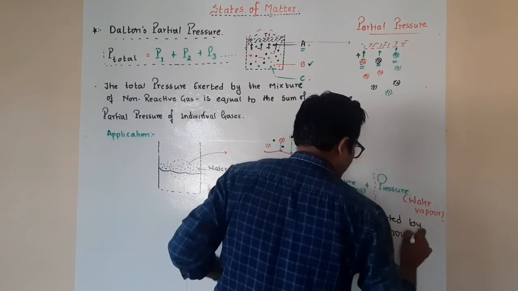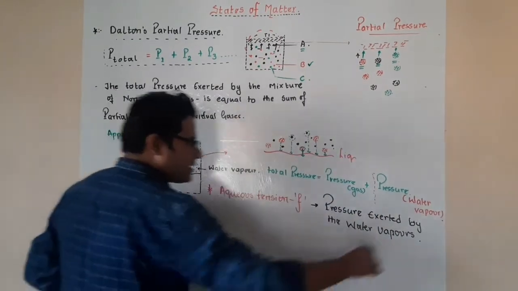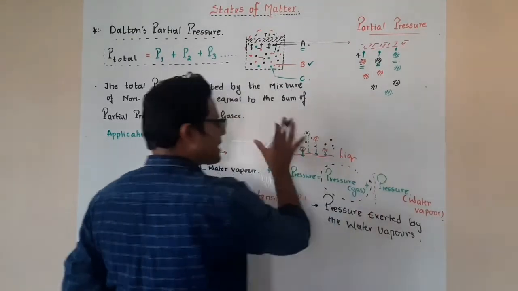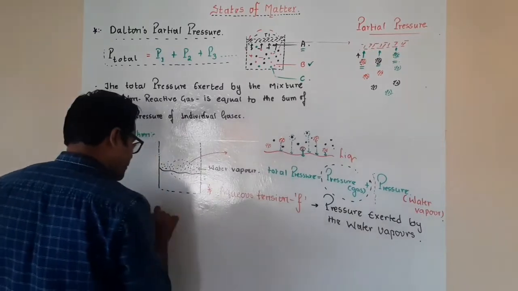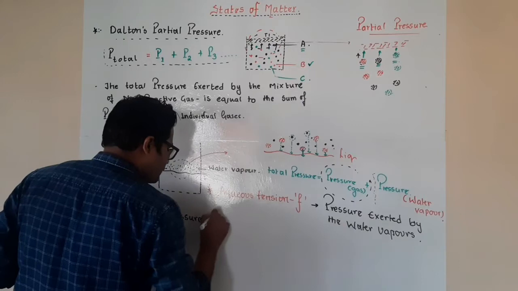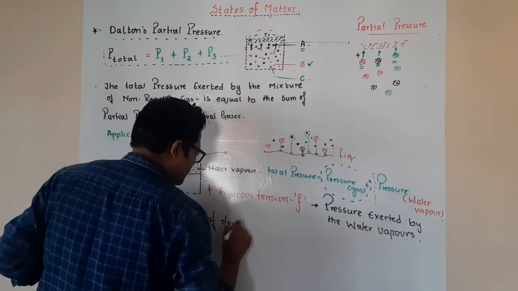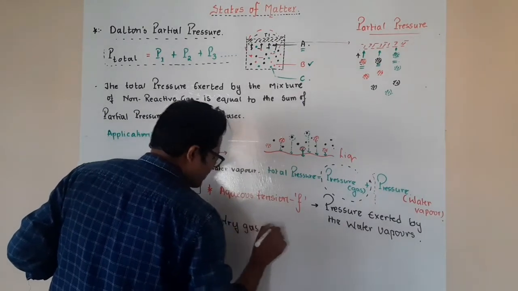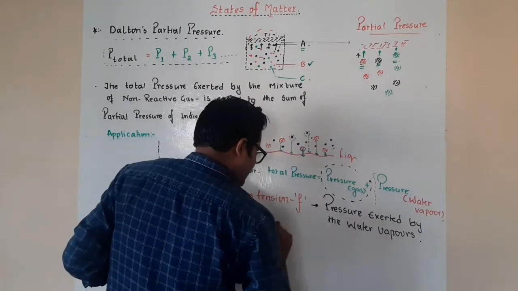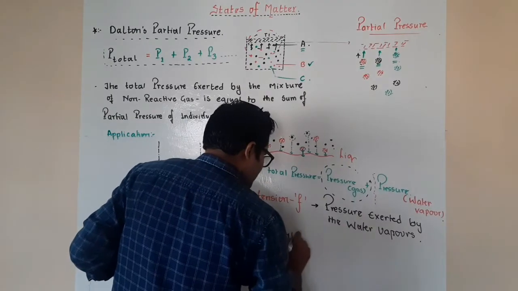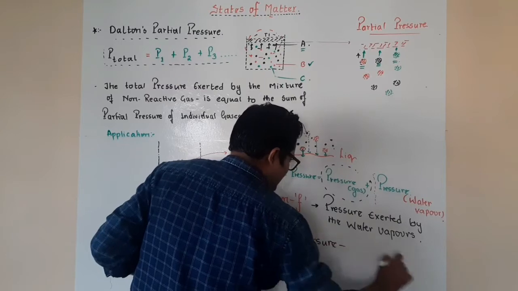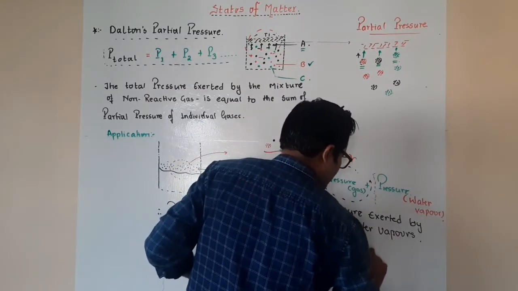Now, the pressure exerted by a simple dry gas, that is, the pressure of the dry gas, except for the water vapors, is nothing more than the total pressure minus the aqueous tension.